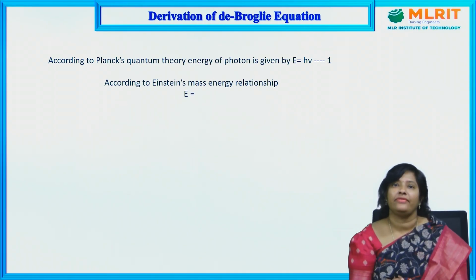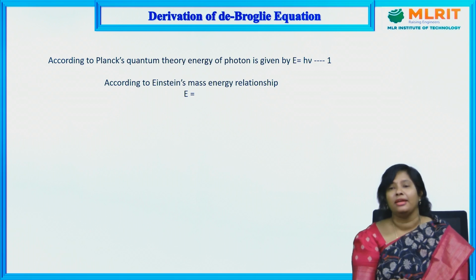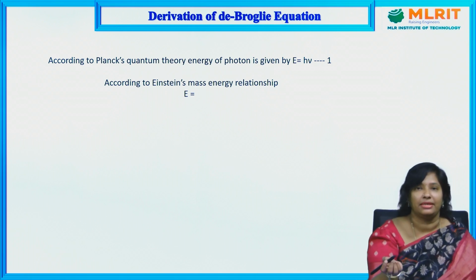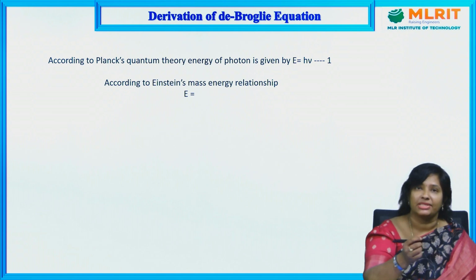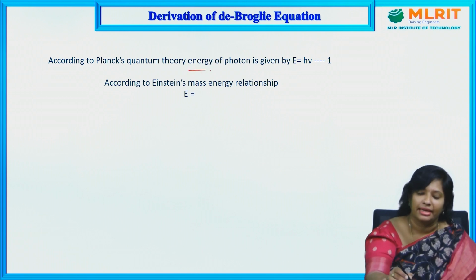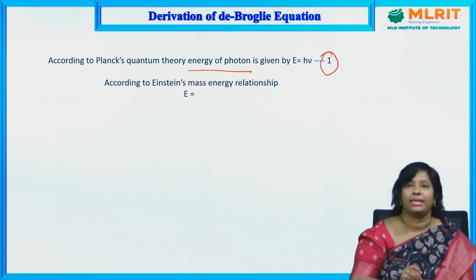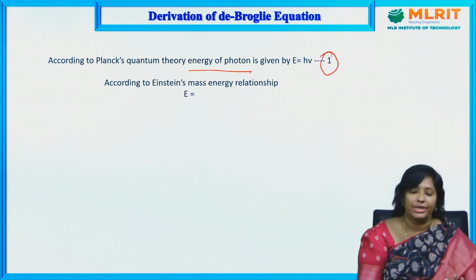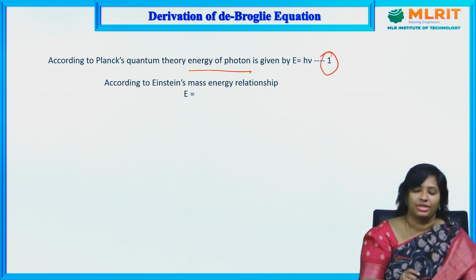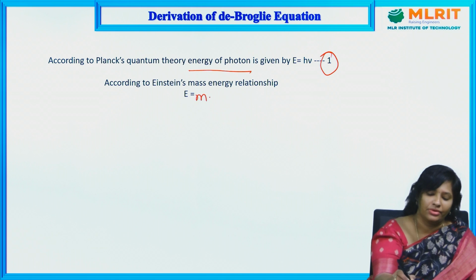Next, the derivation of the de Broglie equation. For this, he considered Planck's quantum theory. From Planck's quantum theory, he considered the energy of a photon, E is equal to h nu, which is represented by equation 1. Next, according to the Einstein mass-energy relation, E is equal to mc square, equation 2.